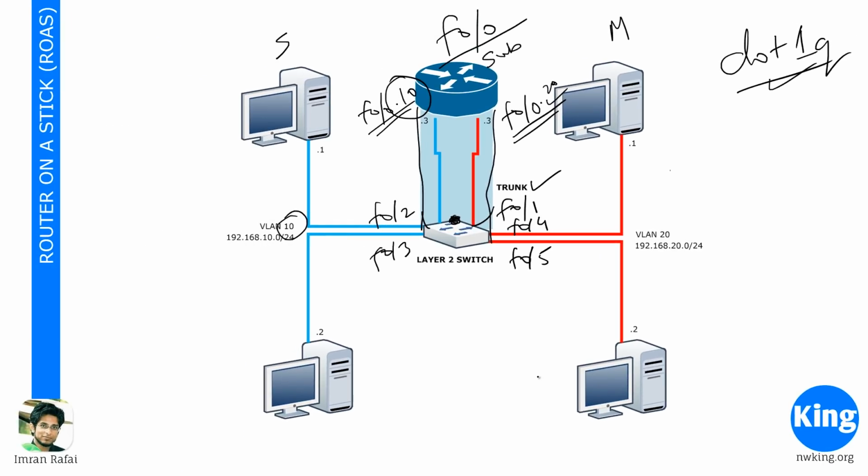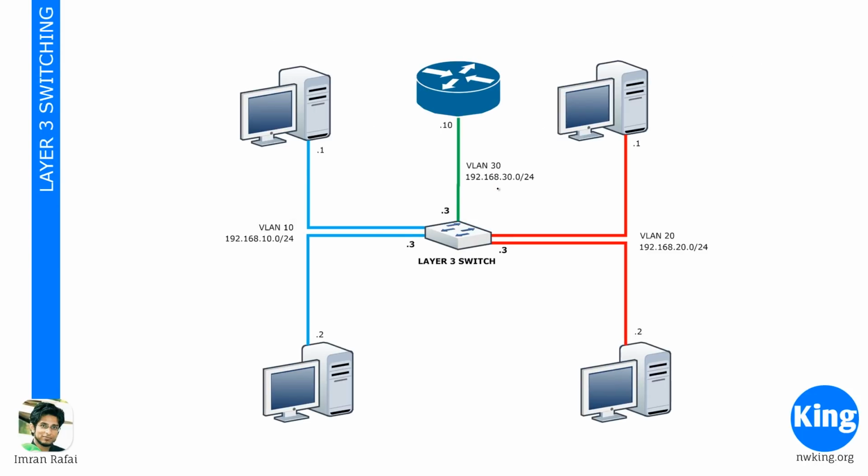So that's router on a stick. Router on a stick, you use sub-interfaces, right? Now, there's another way of doing routing. So one is router on a stick. Another way, which is typically used in large environments, is you use a layer 3 device, right? So the switch that sits here is a layer 3 switch.